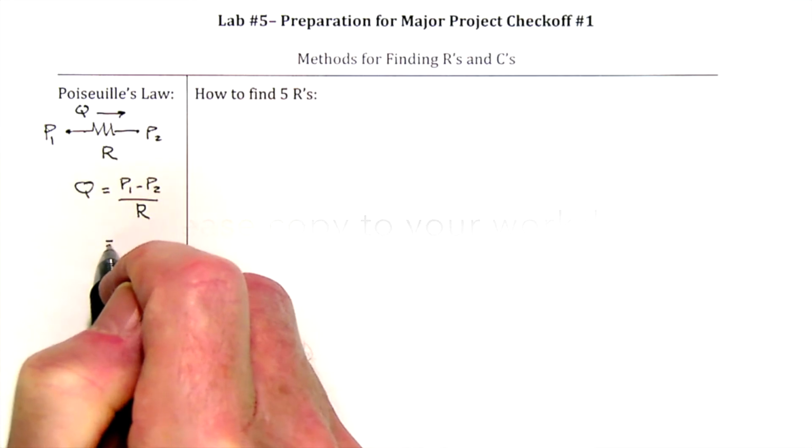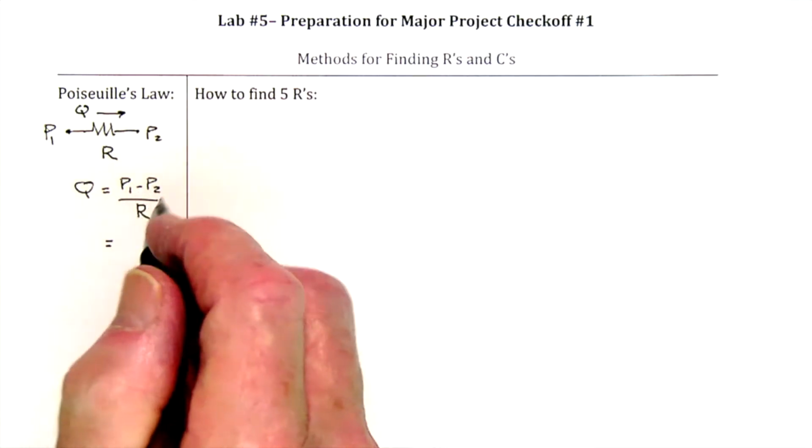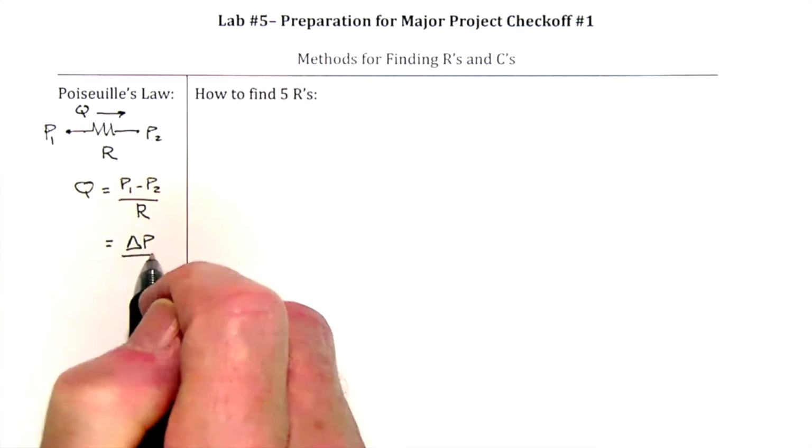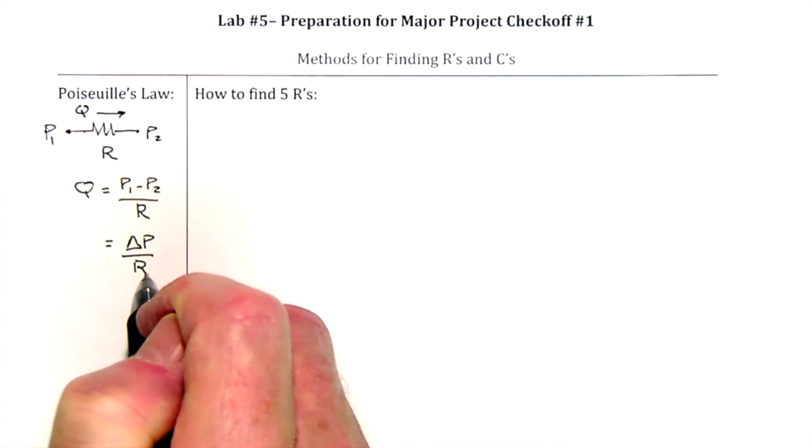Or in a slightly different form, if we call P1 minus P2 the pressure drop delta P, then Q becomes delta P over R.